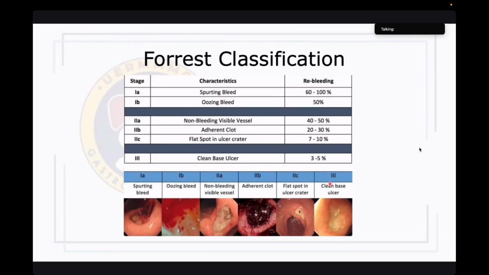This means that we can just give oral proton pump inhibitors and send the patient home, as compared to if the lesion is actively bleeding like Forest 1A or 1B, which means that there is a high risk of rebleeding and that we should do endoscopic therapy and give high-dose PPI intravenously.